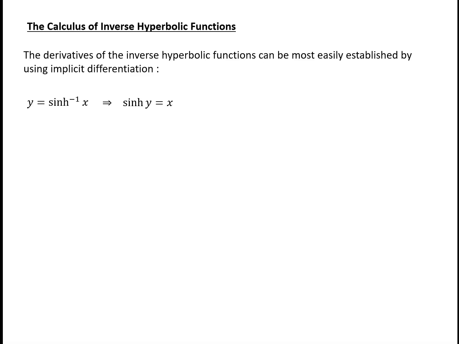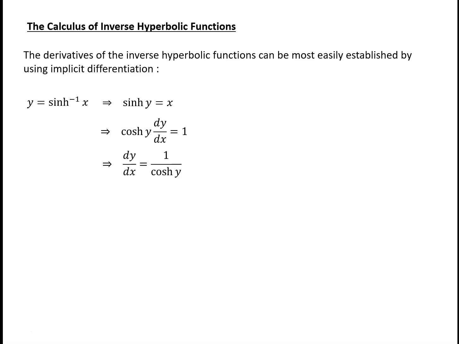If we now differentiate each side with respect to x, then we get cosh y dy by dx is equal to 1, which gives me dy by dx equals 1 over cosh y.